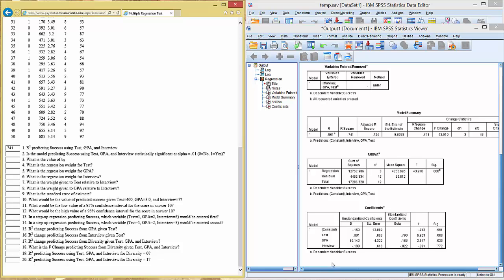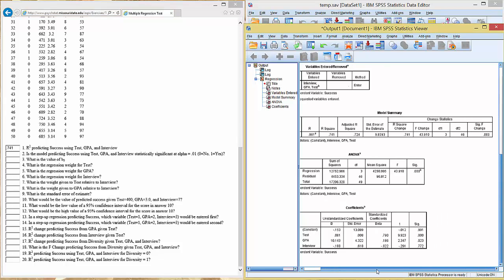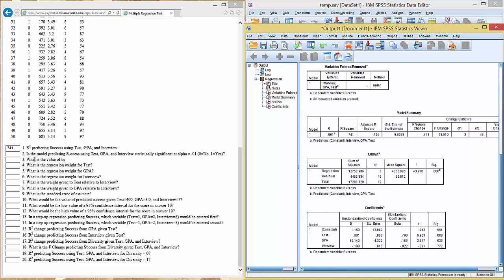Is it statistically significant? Well, we'll look over here. Indeed it is. B sub 0 is minus 0.153.